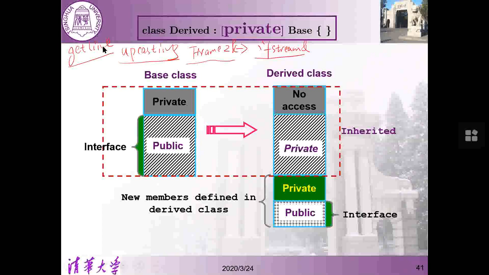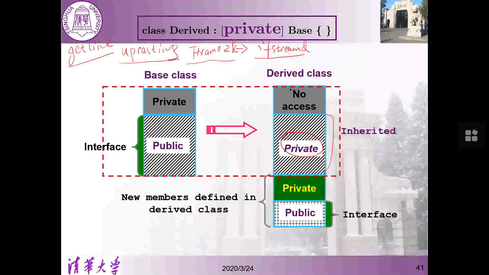Anyway, wherever the base object is used, we can use a derived object if we follow public inheritance. This is the rule. And for private inheritance, because this interface becomes private, we can never access this part of the interface directly.